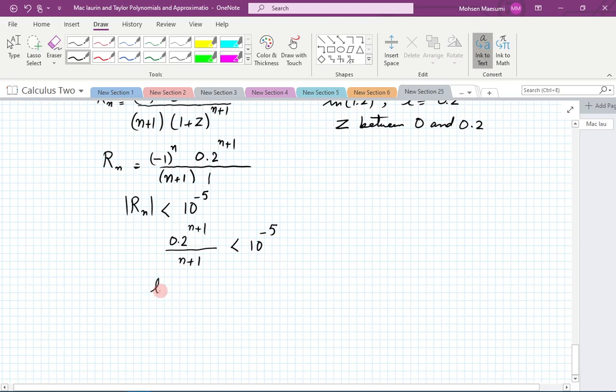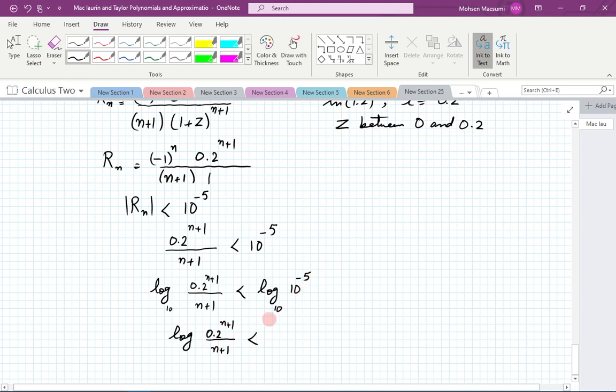Let's take a common logarithm, that's logarithm in base 10, of 0.2 to the power of n plus 1 over n plus 1, and we want this to be less than the logarithm, again in base 10, not the natural logarithm, of 10 to the power of minus 5.